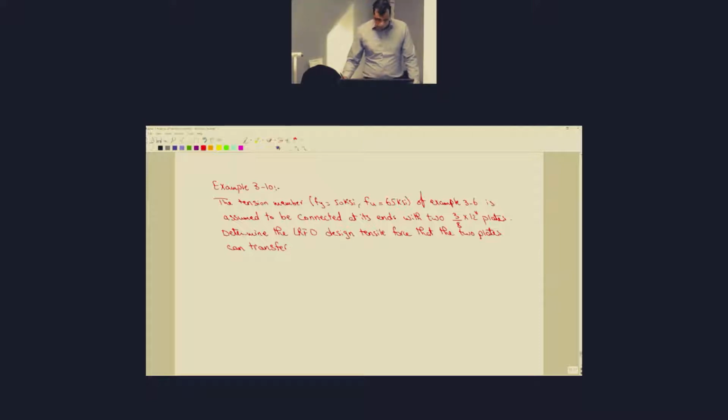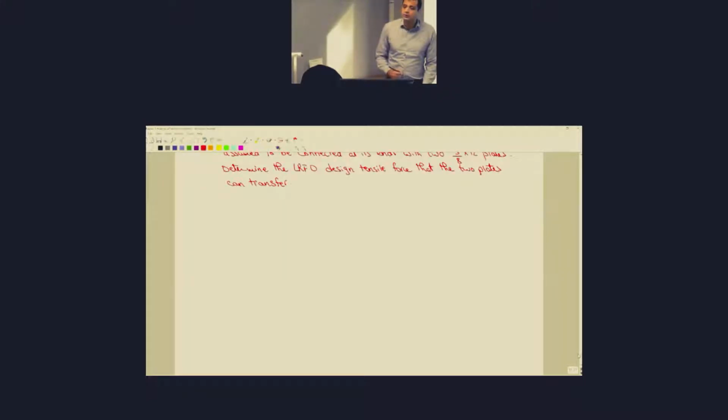So in example 3.6, you had a W shape like this, okay? It was W10 by 45, okay? And now it says that this member, having a tensile load like this, is connected by two plates like this.